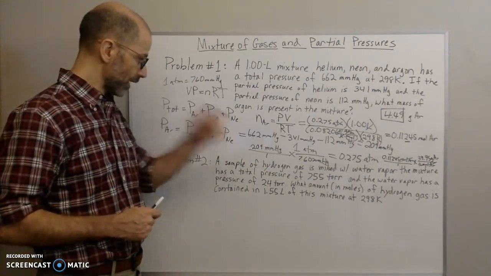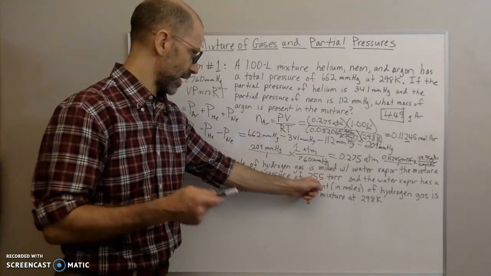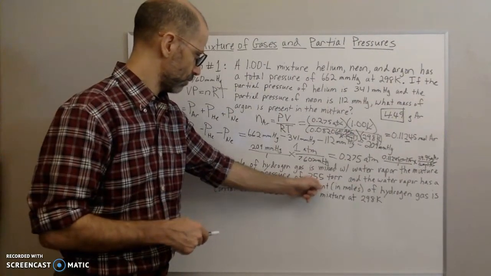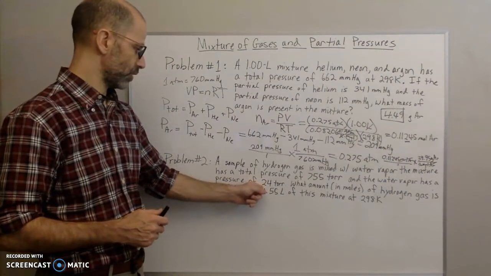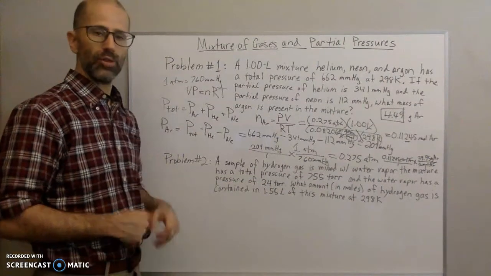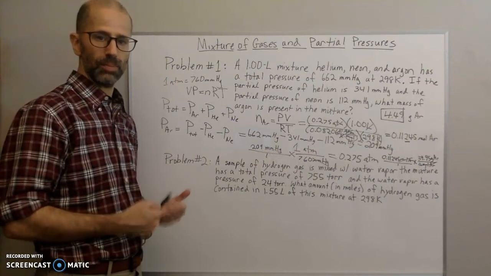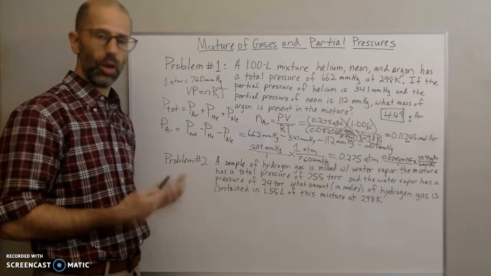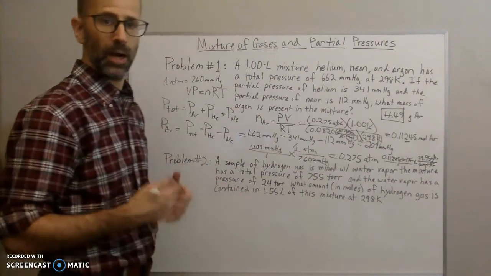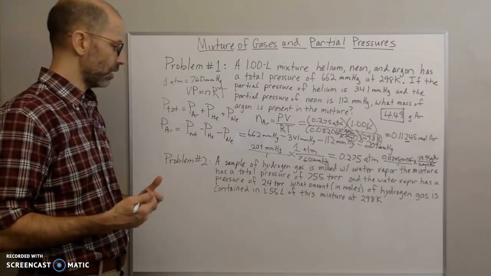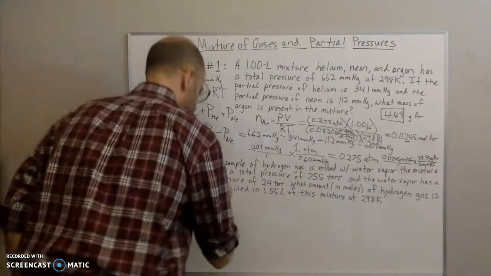So they give me the total pressure of the mixture of the gas and water vapor, 755 torr, and they give me the partial pressure of the water vapor. So I can use Dalton's law of partial pressures to subtract out the partial pressure of the water vapor from the total pressure, and that would give me the pressure of the hydrogen gas. So I'm going to start by doing that.